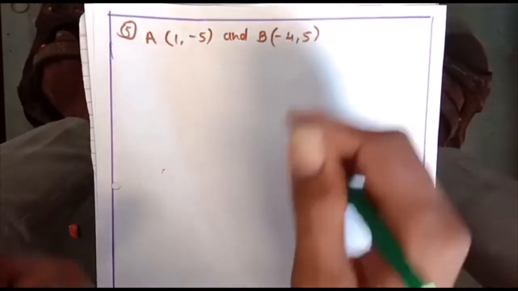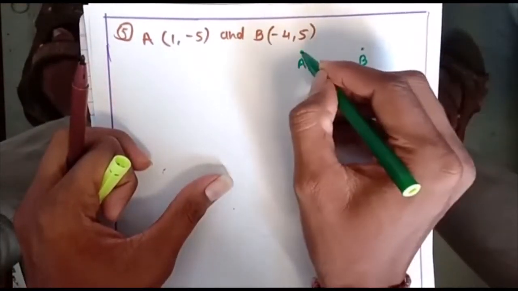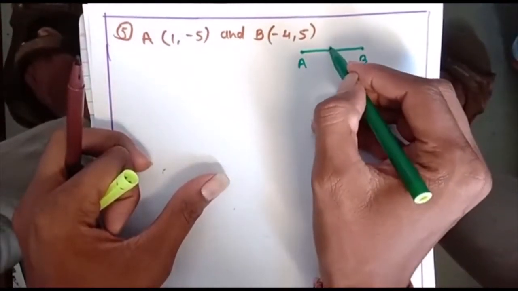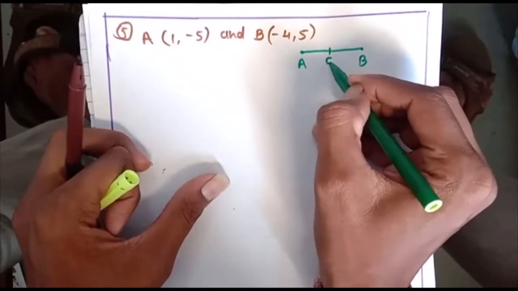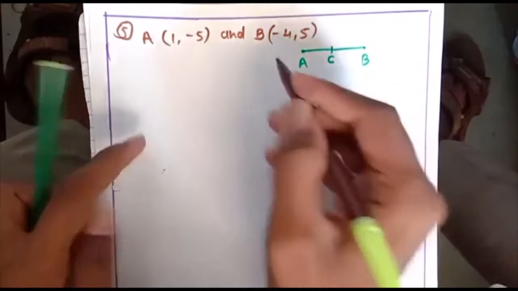Your question is, first join these 2 points, you get a line segment. Here the dividing point C is on the x-axis.